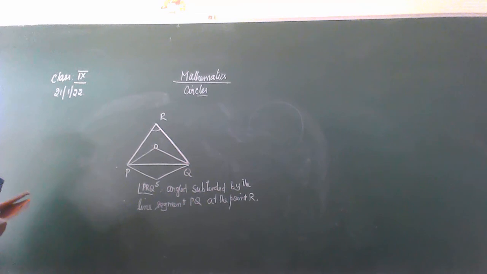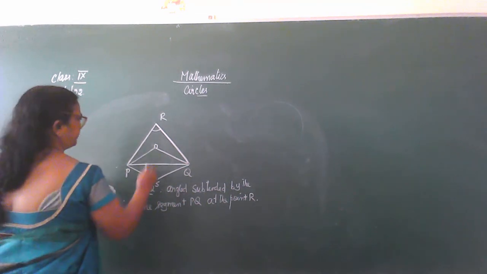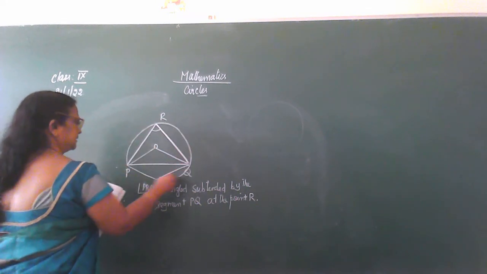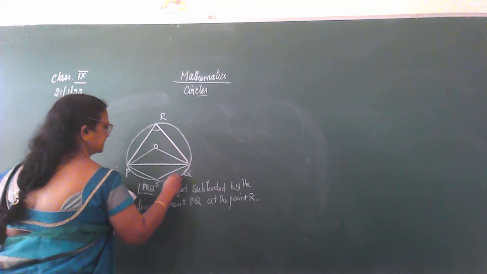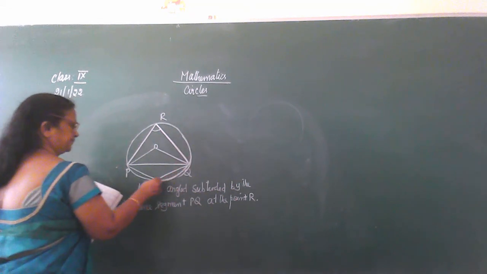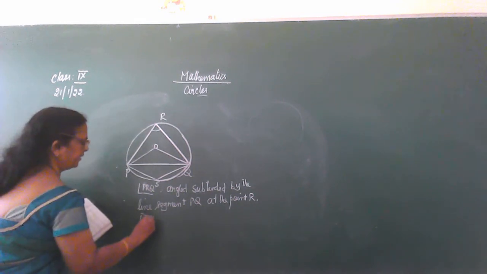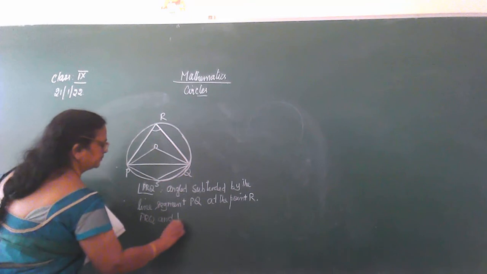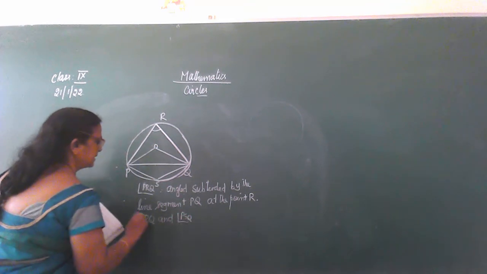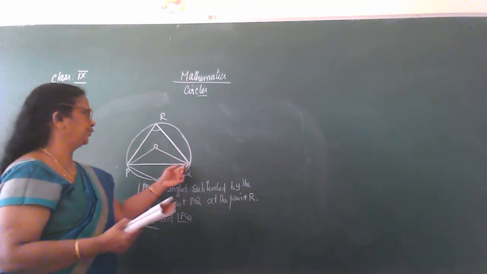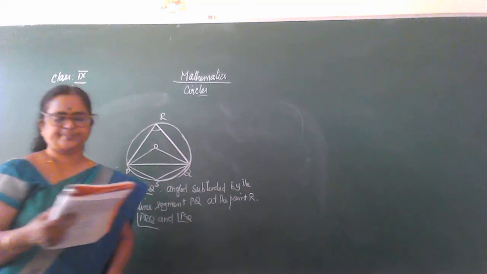PRQ and PSQ. See, because O is the center, I can draw a circle. Okay. So PRQ and PSQ are the angles subtended by the line segment PQ at R and S respectively.